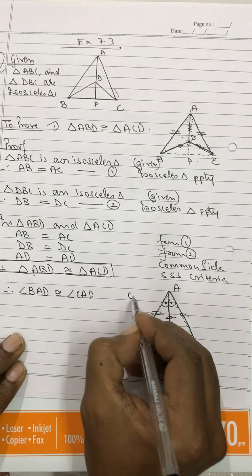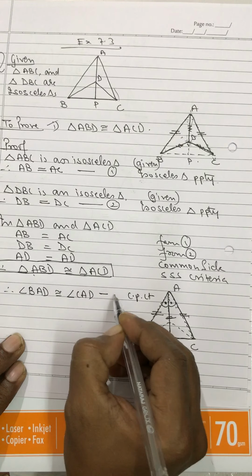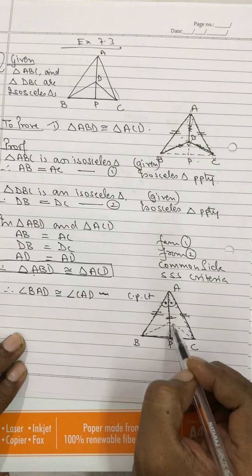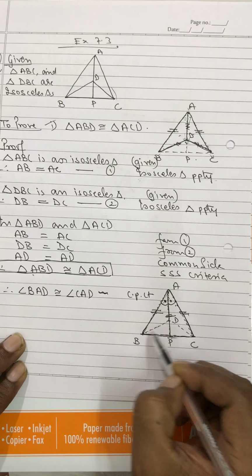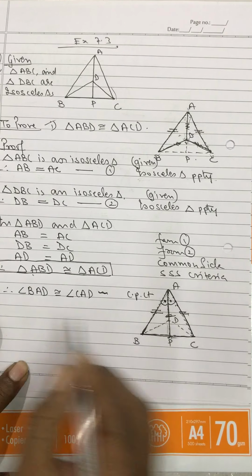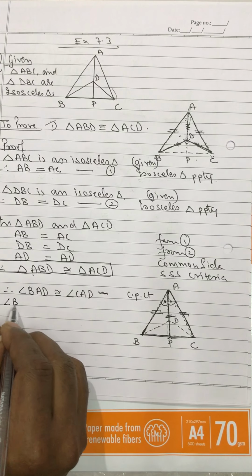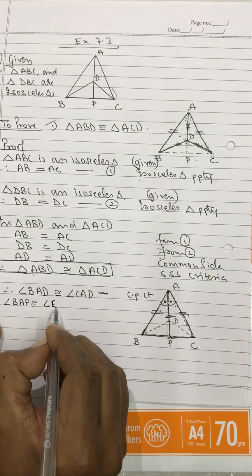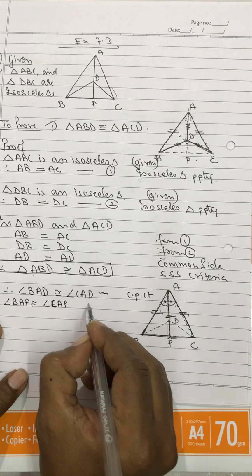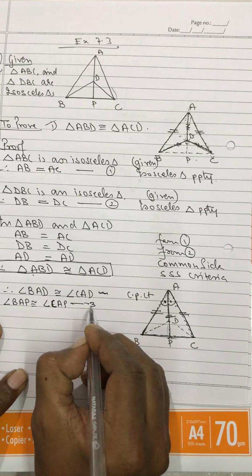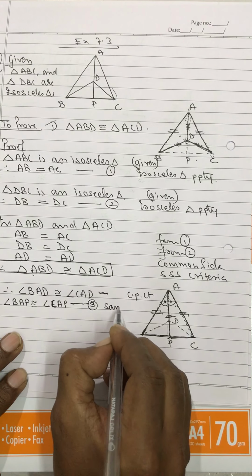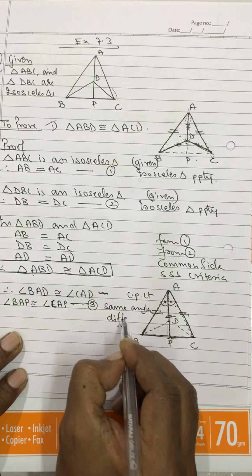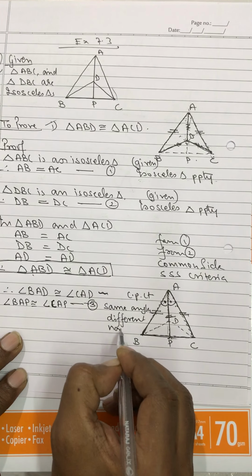The reason will be CPCT, and this I will, no, not now, because when I go to use this here, that same angle BAD is actually going to be BAP. So therefore angle BAP is congruent to angle CAP. Reason will be this, I will give you point 3. Same angles, different names.